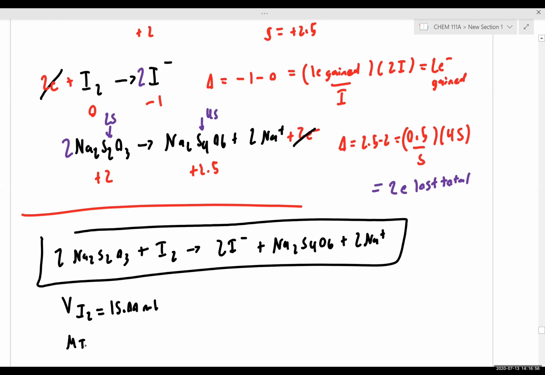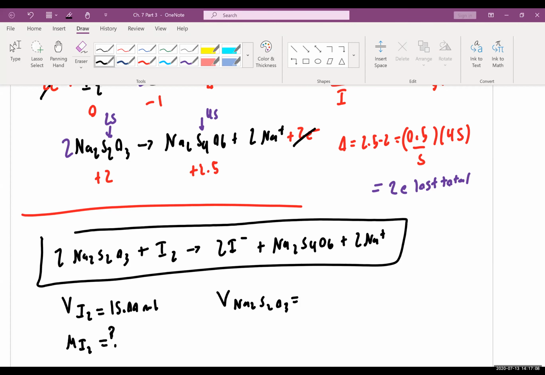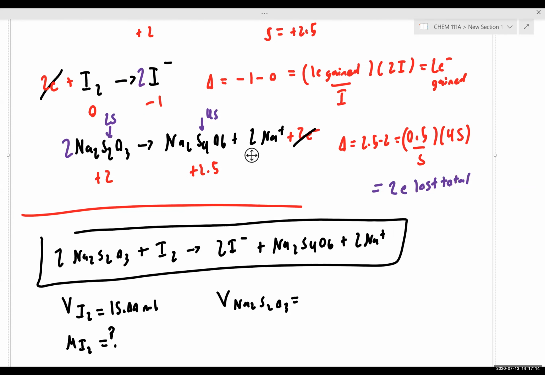The molarity of our iodine solution is unknown. The volume of sodium thiosulfate solution is 16.5 milliliters.